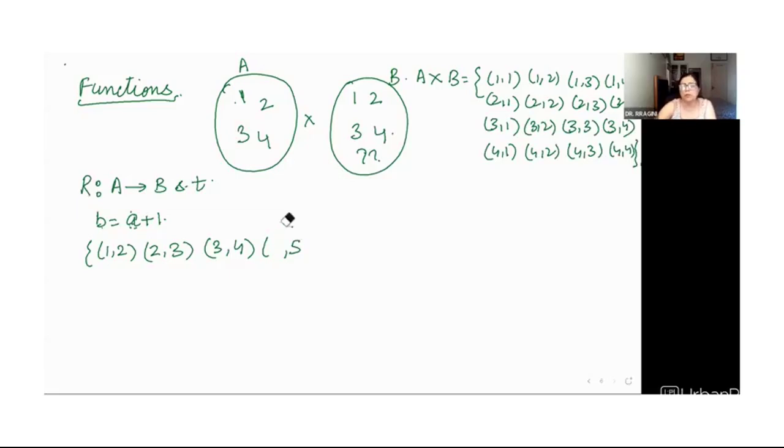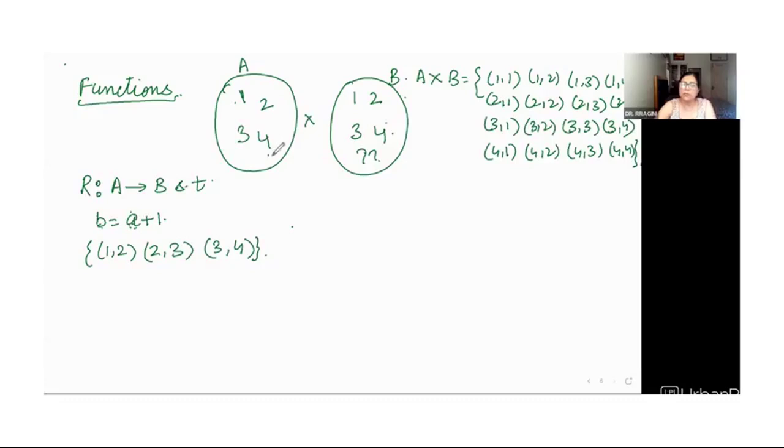So this we cannot write because I told you earlier that whatever has to be written in the ordered pairs, or in relations or in functions, it has to be a subset of this. When we don't have 5 in the second set, 5 does not exist in any of the ordered pairs of the Cartesian product. That means we cannot write this pair here. (4, 5) does not exist because 5 is not an element of the second set.